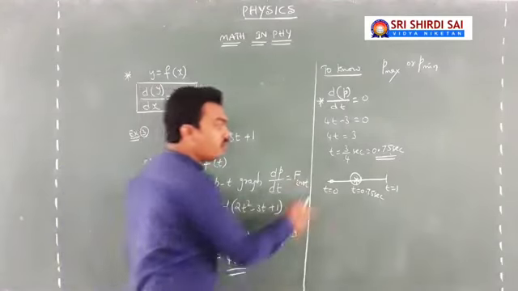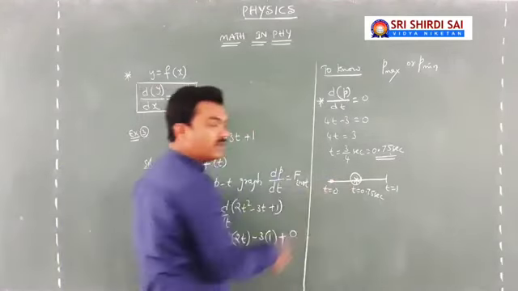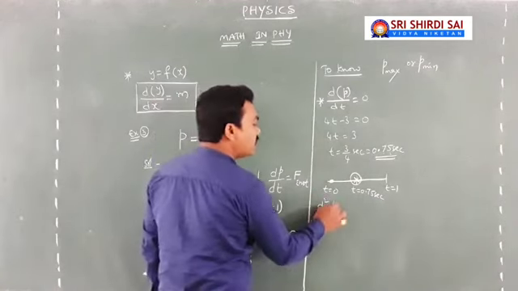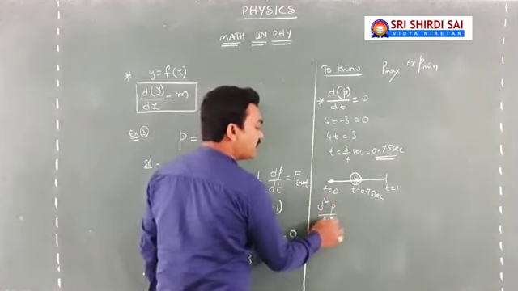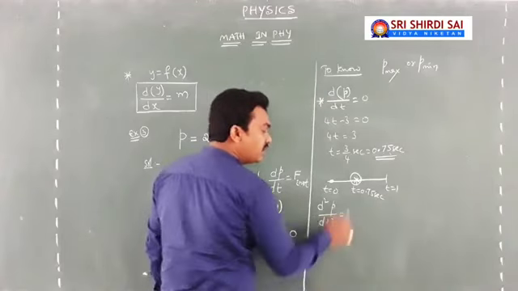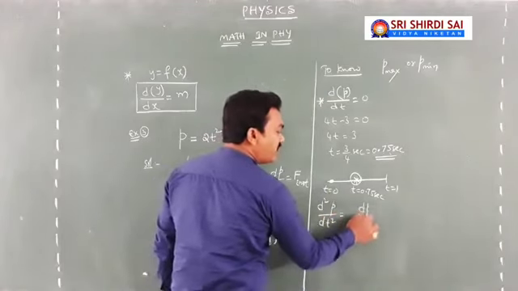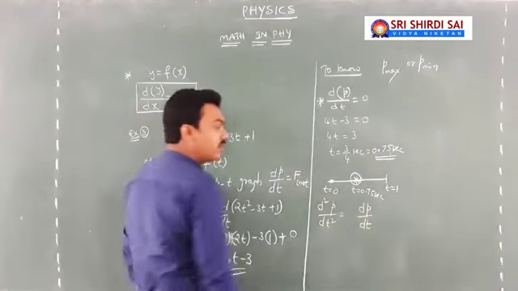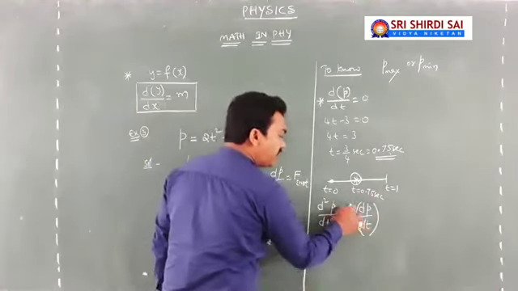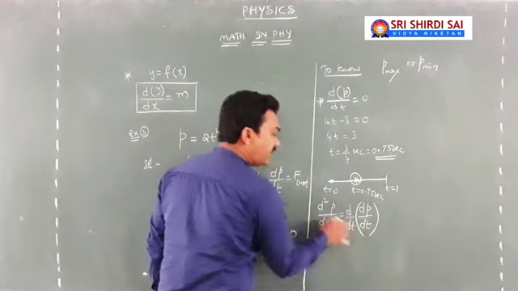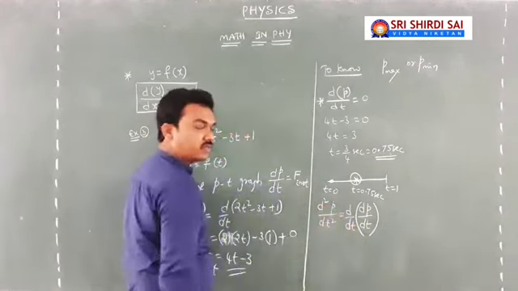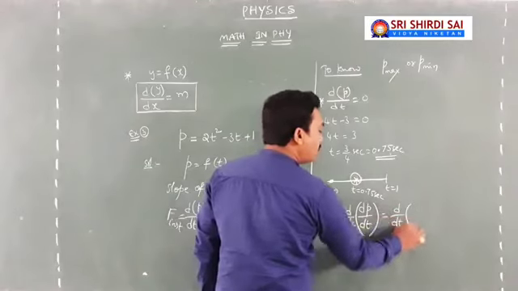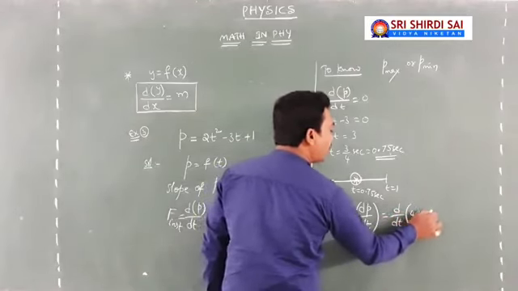If you wish to know whether it is maximum or minimum at that place, you have to calculate d square p by dt square, the second derivative. If you differentiate momentum once, it is dp by dt. If you differentiate again, it is d square p by dt square, which is equal to d by dt of dp by dt, meaning 4t minus 3.